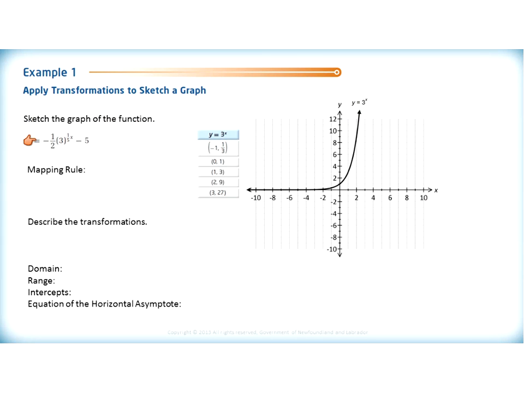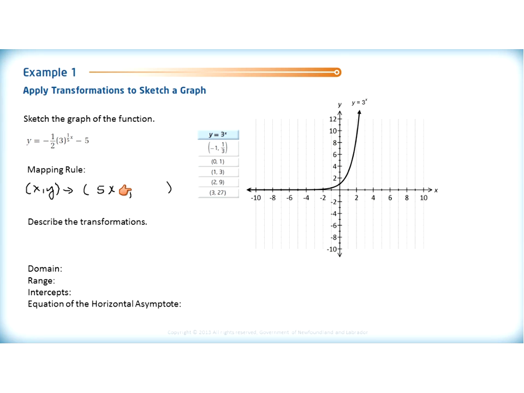So, sketch the graph of the function y equals negative 1/2 times 3 to the 1/5 x subtract 5. The very first thing we need to be able to do here is create our mapping rule. To create the mapping rule, you should recall that you take the reciprocal of the 1/5 to get 5. There is no horizontal translation, so simply 5x.